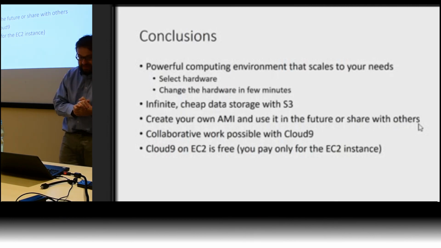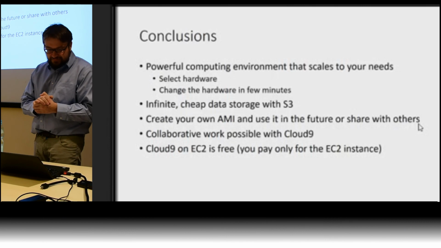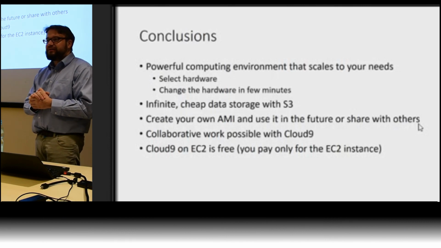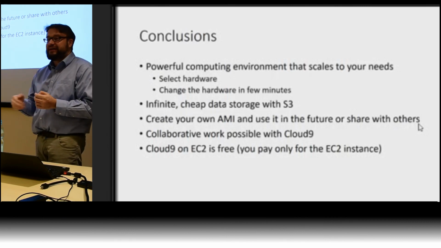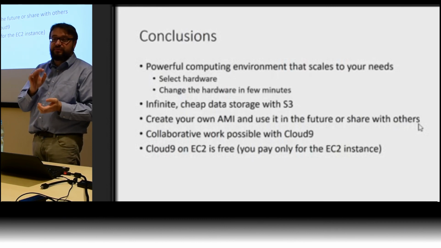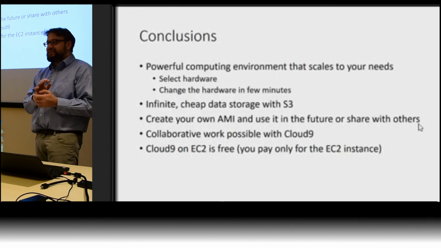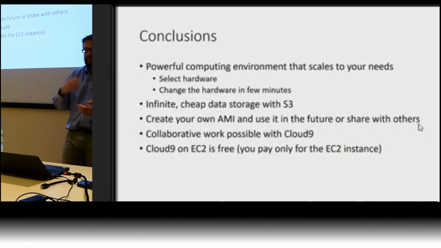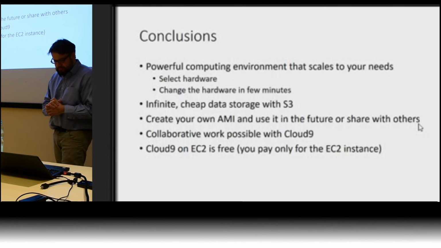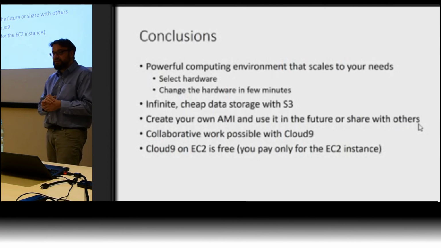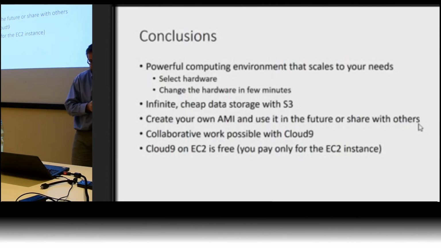So this is a big advantage. I can select hardware. I can also easily stop a server and change hardware within minutes. So if I'm doing testing and configuration, I usually do it on a small server. Then suddenly I need to run full-blown simulations. Then I change to a server that has like 128 cores, and I perform my computation.